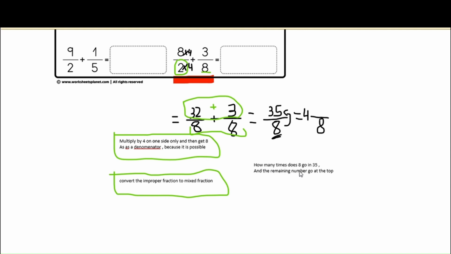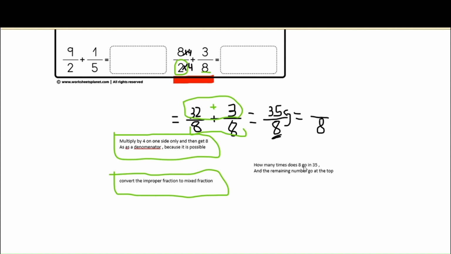So how many times does 8 go in 35? It's 4 times. You see that? And the remaining number goes at the top.